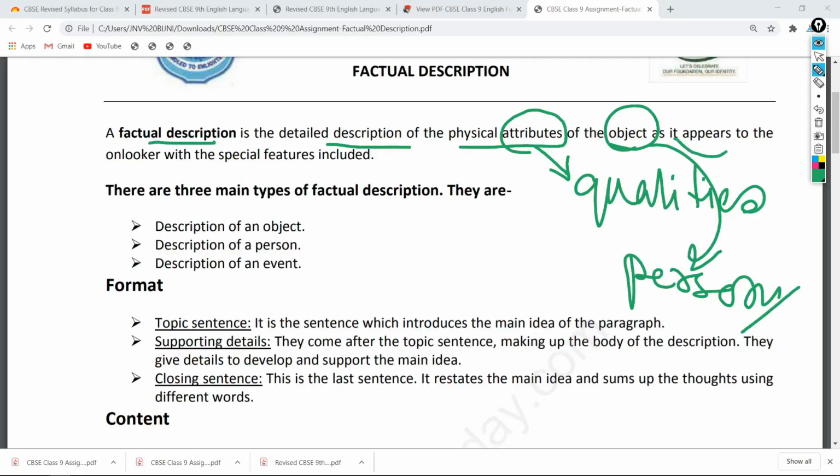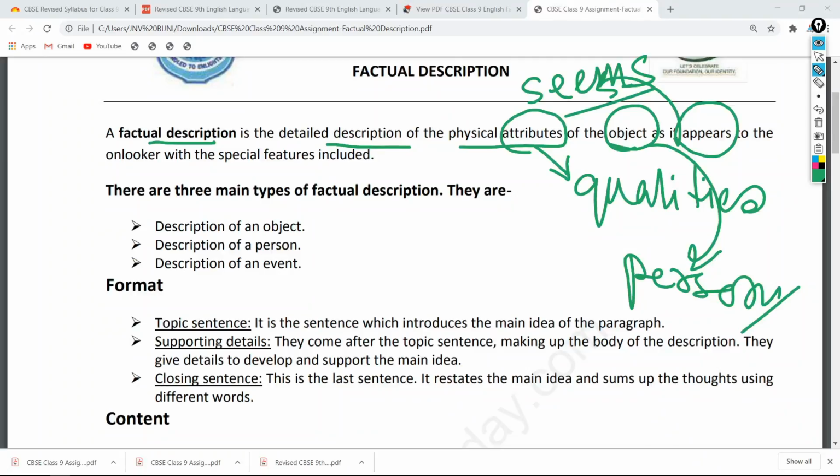As it appears or as it seems means the first impression. As soon as you see a particular thing, without going to the inside story of it, suppose you are going to see the Taj Mahal, and after seeing it, the physical beauty or the outer appearance that appeals to you, that attracts you, that will be the factual description.